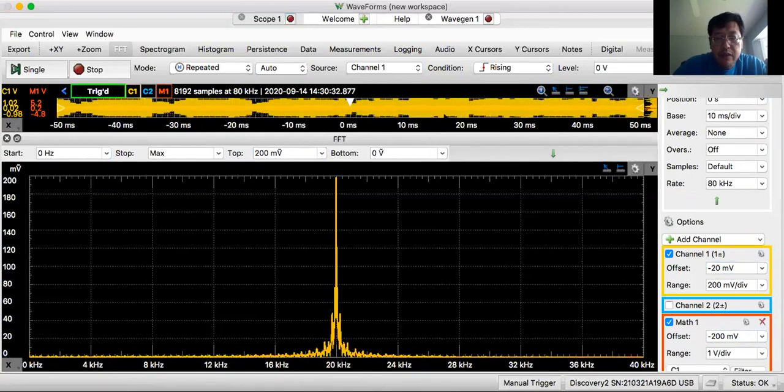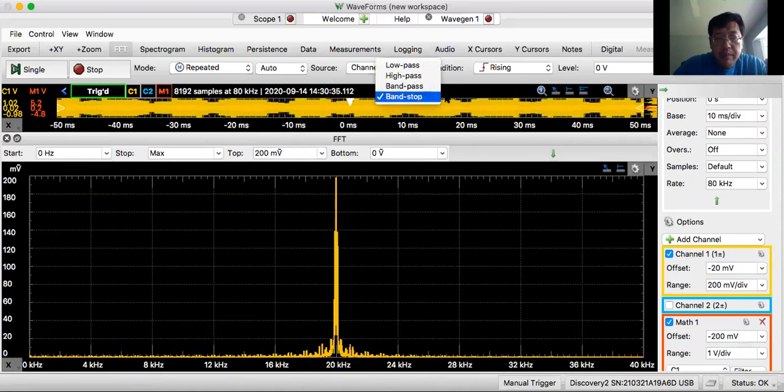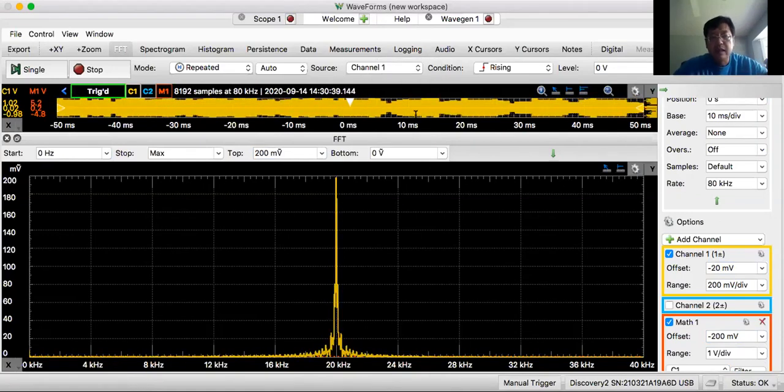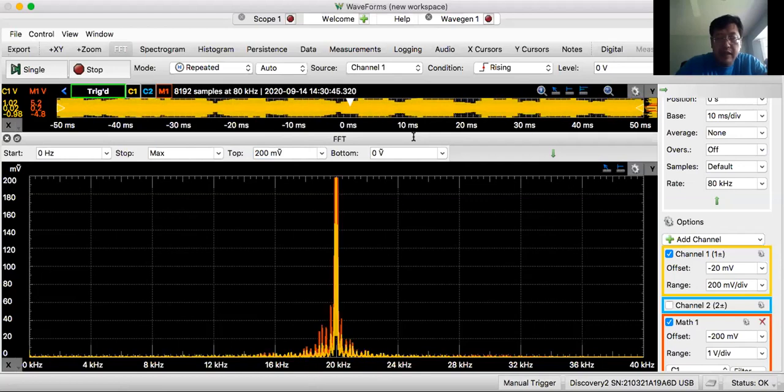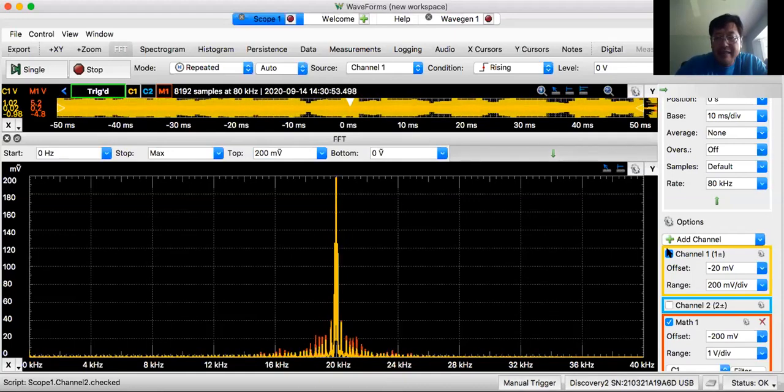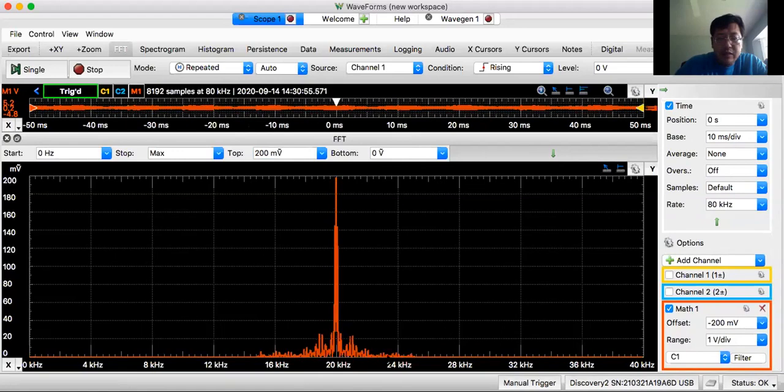The filter will be a band pass filter. The band pass filter started with 15K, ended with 25K.